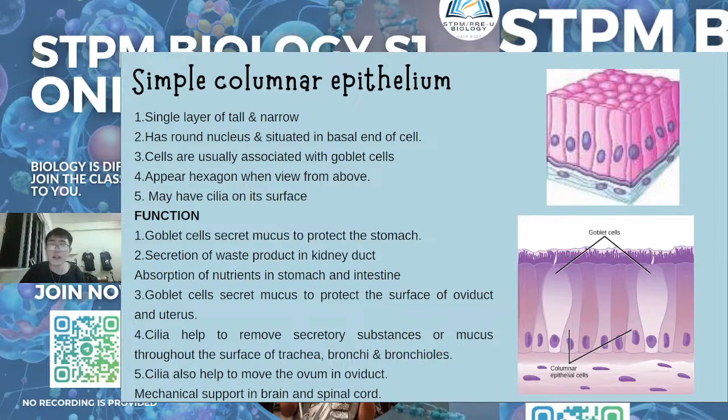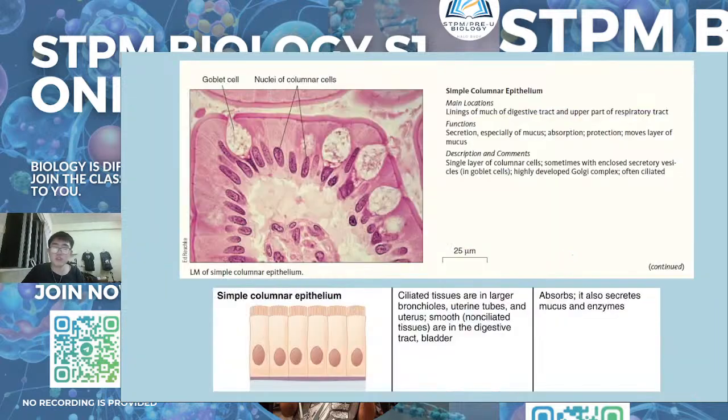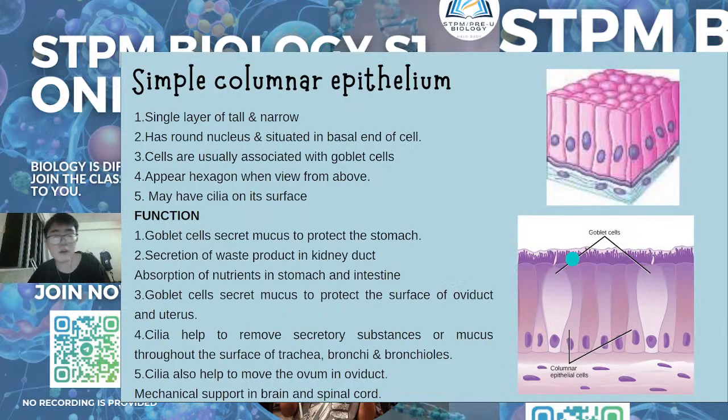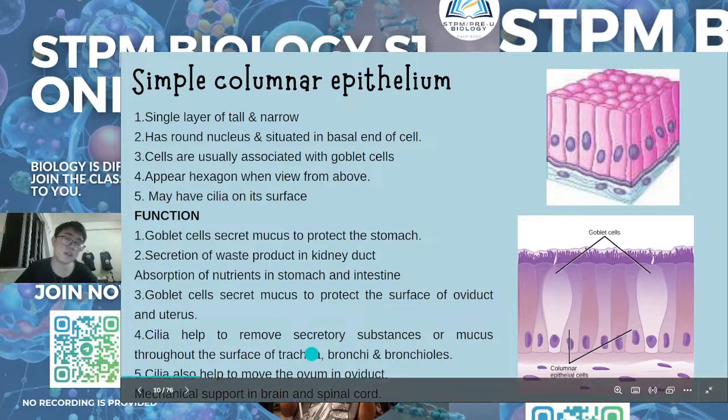If no fertilization occurs, then menstruation will occur. So you see that it is very related. This is just the general function of this tissue.